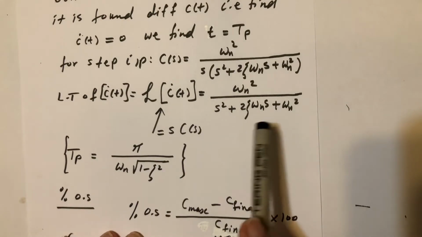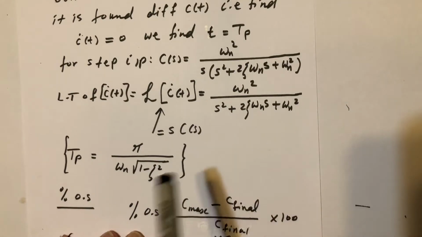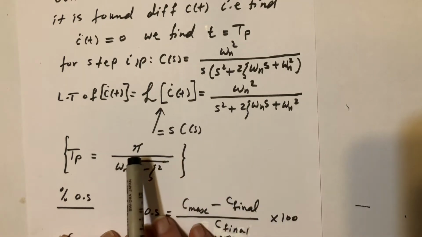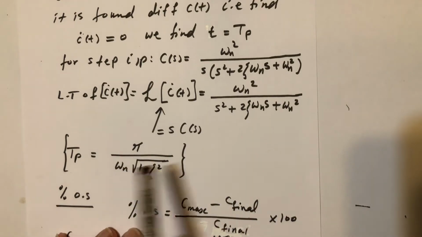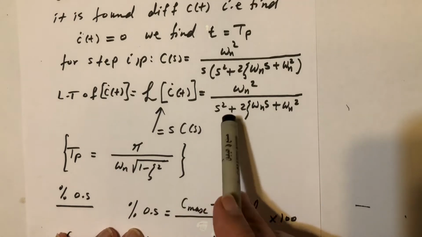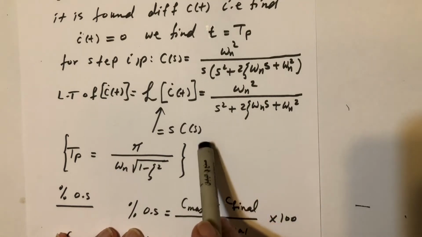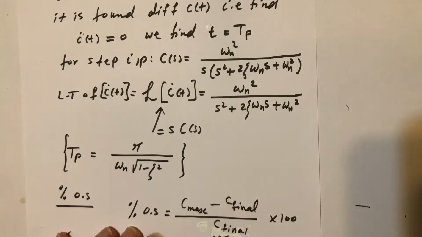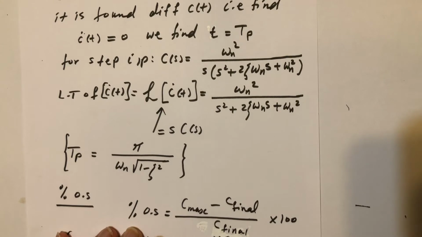Now, how can I find it? I'm going to tell you about it, but the detailed derivation is not quite easy, and it's not given that much in your book. So you differentiate, you go in the time domain, and you know that this is a peak time. It's not the first peak, so you have many peaks.